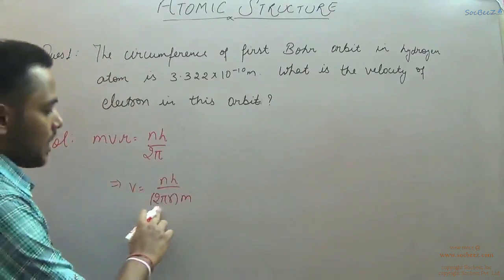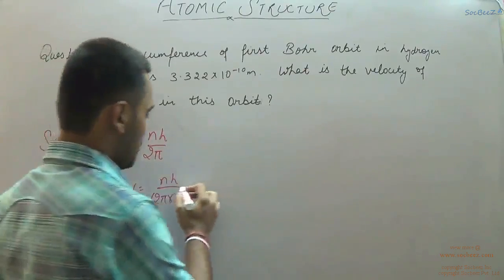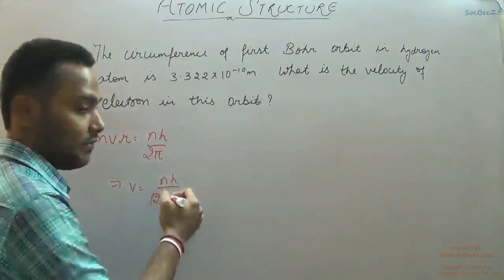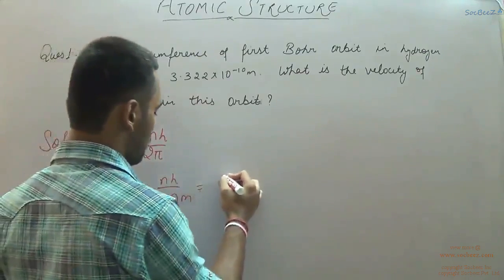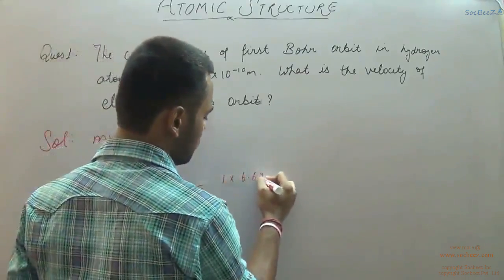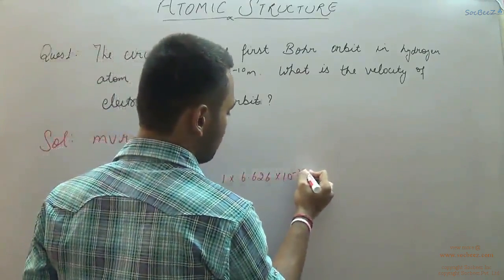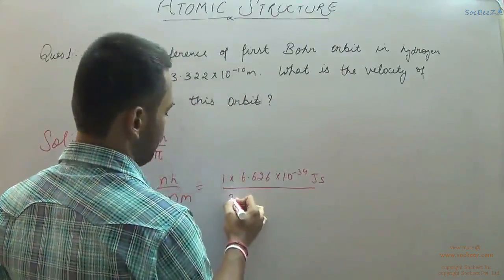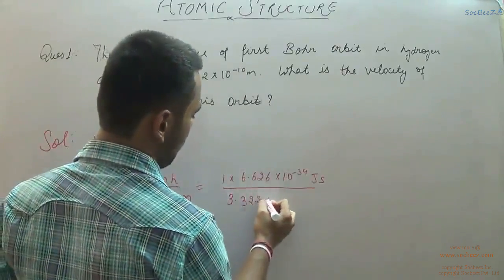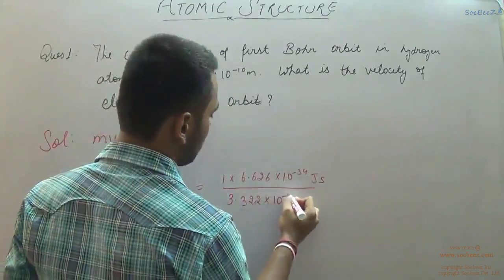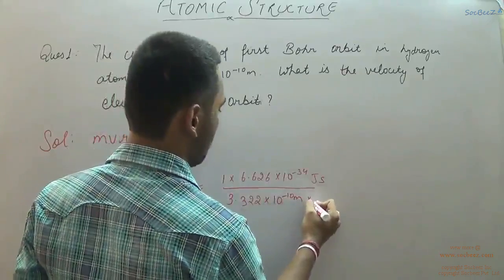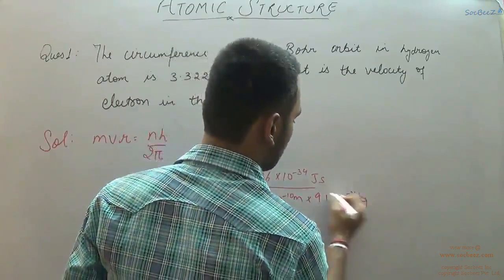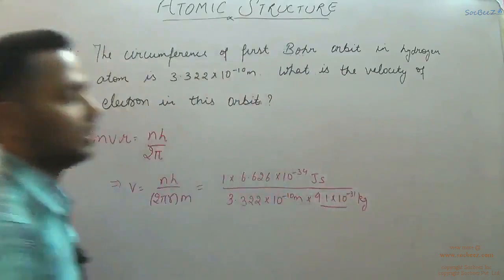Here 2 pi r is nothing but the circumference. Since this is the first Bohr orbit, n equals 1. So velocity equals 1 into 6.626 into 10 raised to the power minus 34 joule second divided by 3.322 into 10 raised to the power minus 10 meter into 9.1 into 10 raised to the power minus 31 kilogram, the mass of an electron.